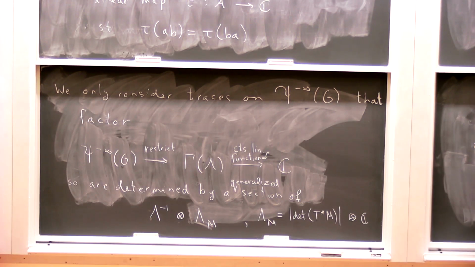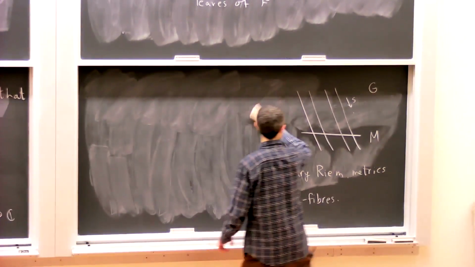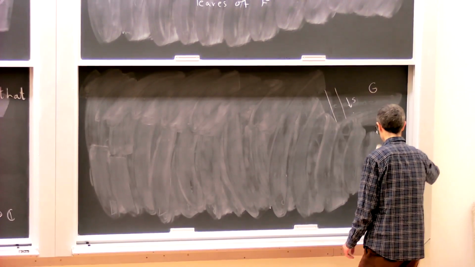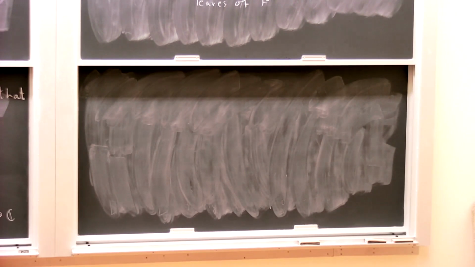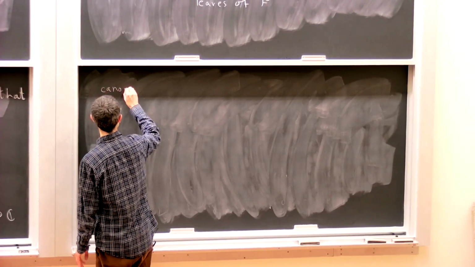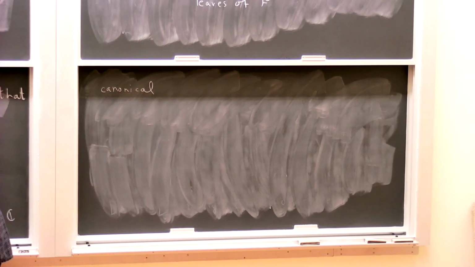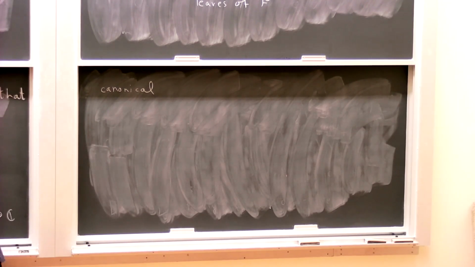So I was going to say that next. The condition of being a trace imposes a very strong condition on this section. One of the nice things about this bundle is that there's a canonical action of the groupoid on this bundle. I don't think I have time to explain that. This bundle appears in different contexts, for example, when people talk about modular characters in Poisson geometry, and also volumes on differentiable stacks.